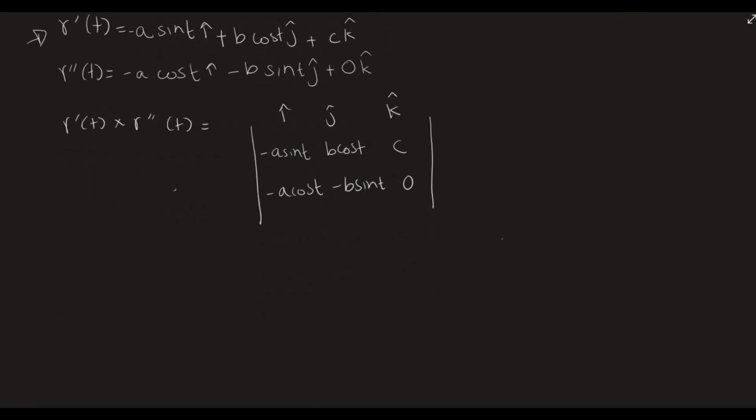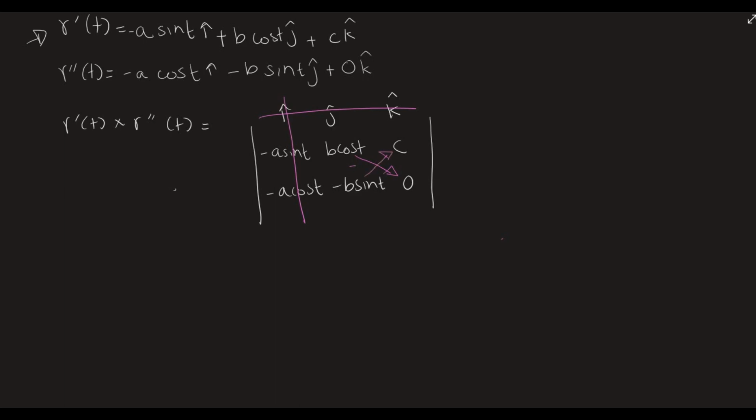So how do we calculate the cross product? We cross out the first column and the first row, and what are we left with? We multiply in a cross multiplication: this multiplied by this, and then negative this multiplied by this.